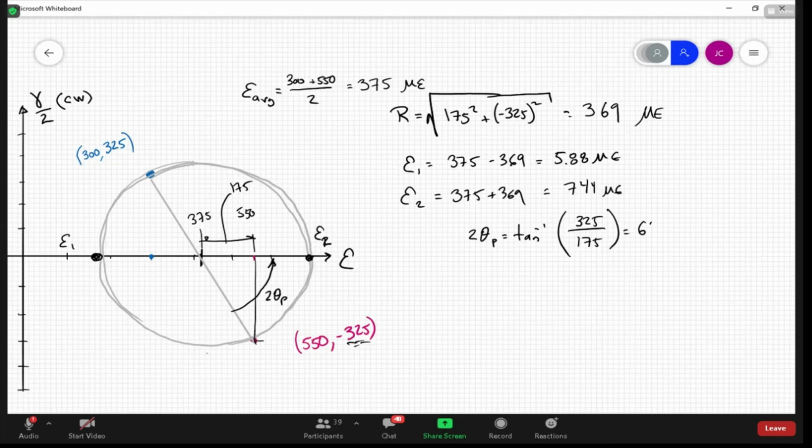So that rotation is half of that, which is 31.8. So we're going to rotate the state of stress counterclockwise 31.8 degrees. So that orientation is going to look like this-ish.